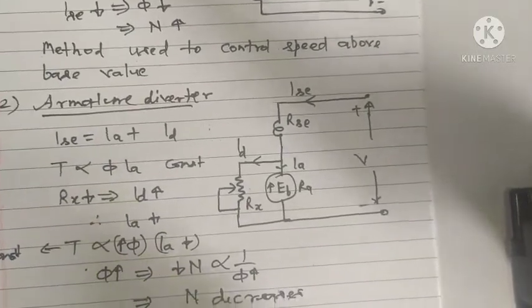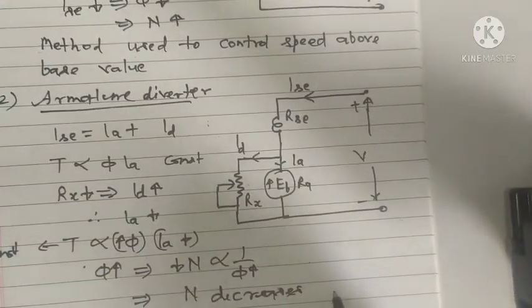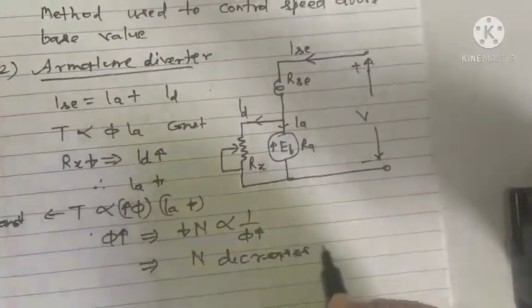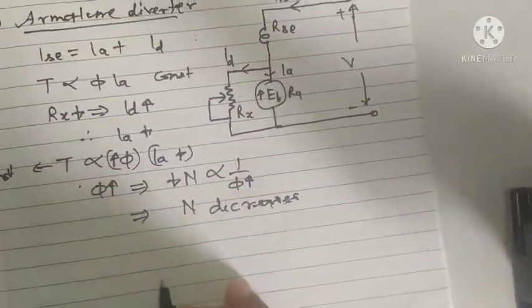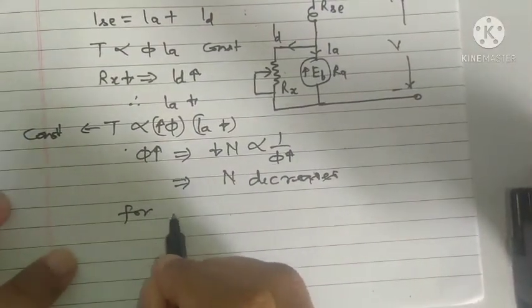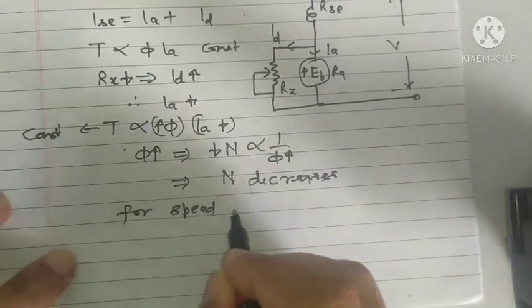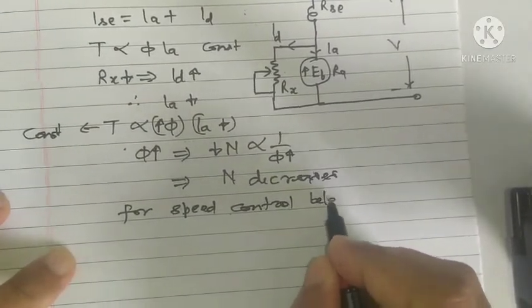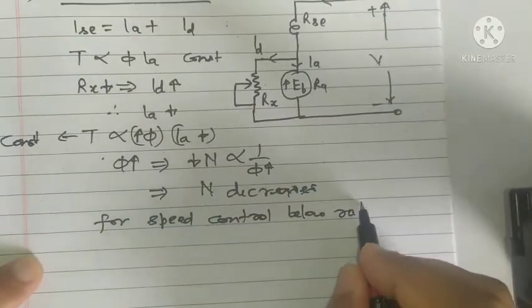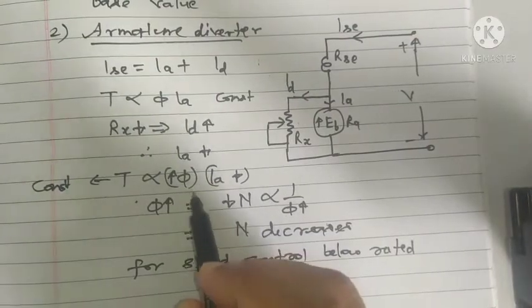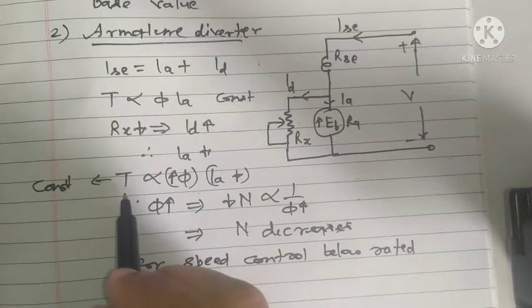right? So this method is preferred for speed control below rated. Mind you, when one of the values is changing, the second value must change accordingly to maintain this torque constant.